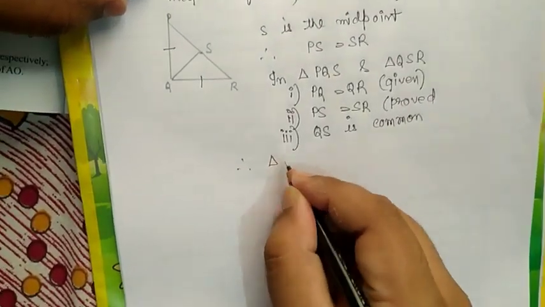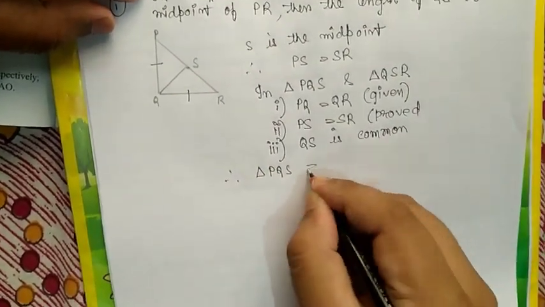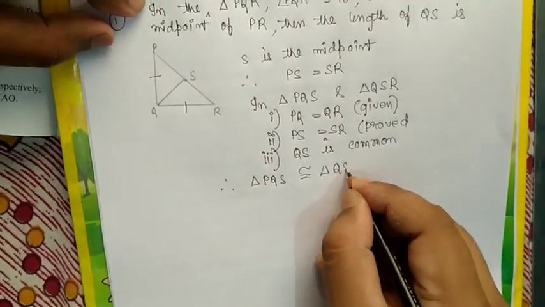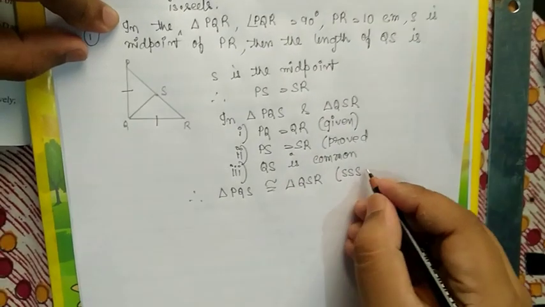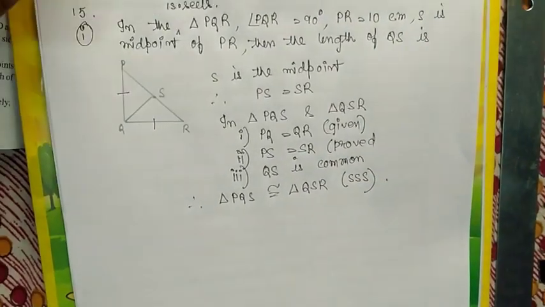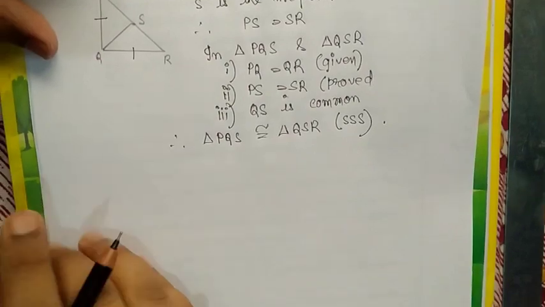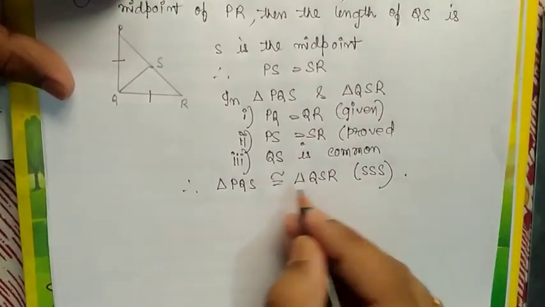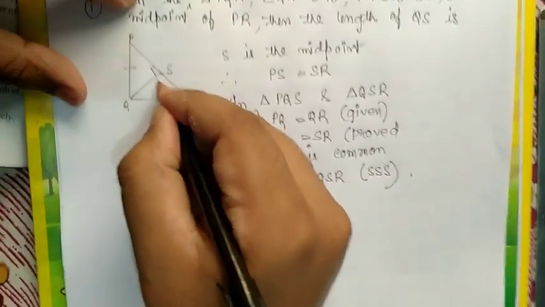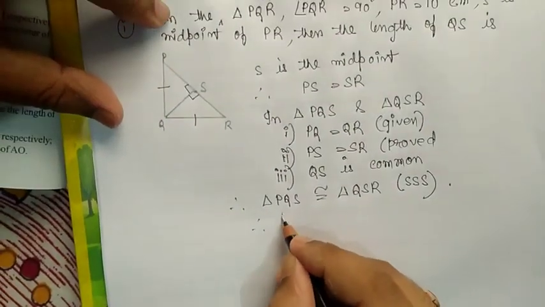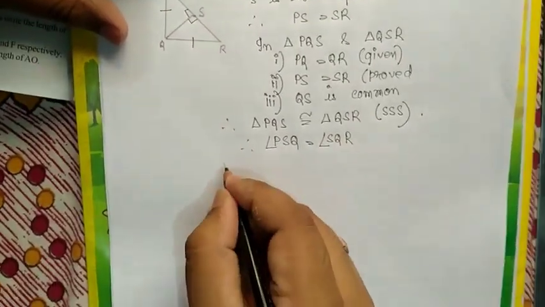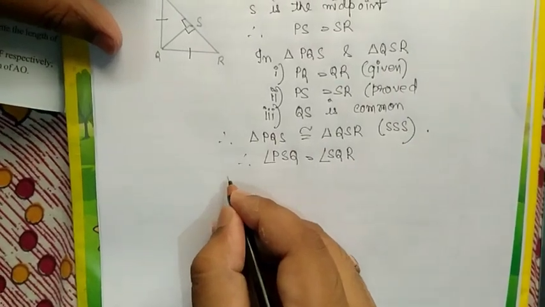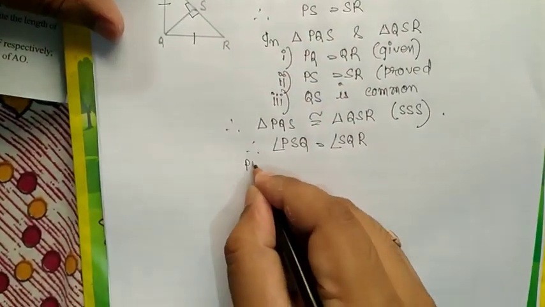So therefore triangle PQS is congruent with triangle QSR by the SSS congruency rule. If these two triangles are congruent, we can say these two angles are equal. So angle PSQ equals angle SQR, but PR is a straight line.